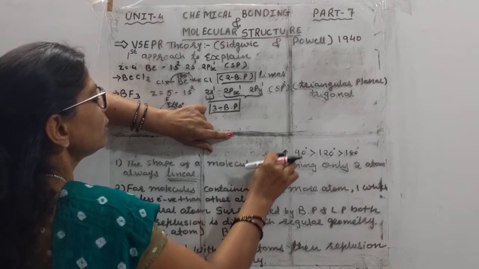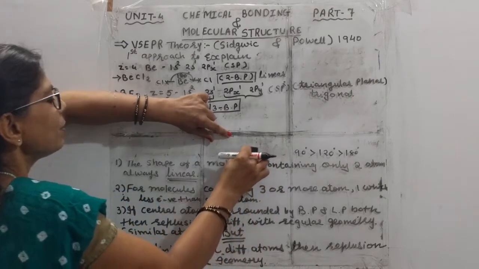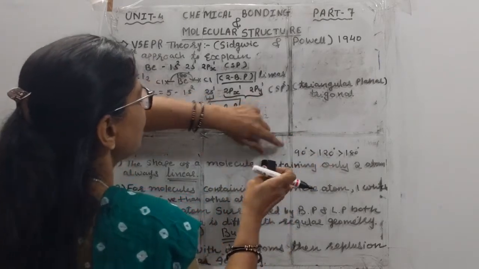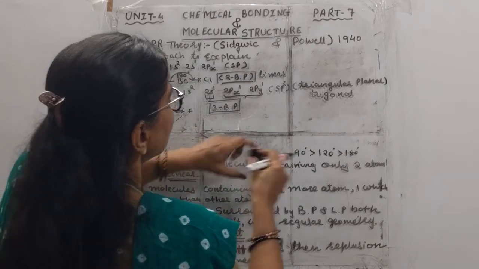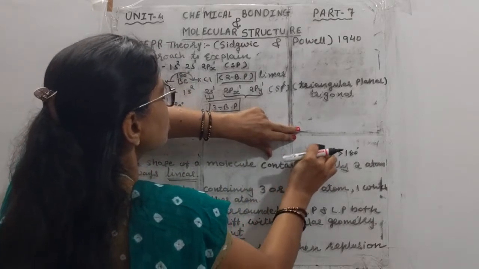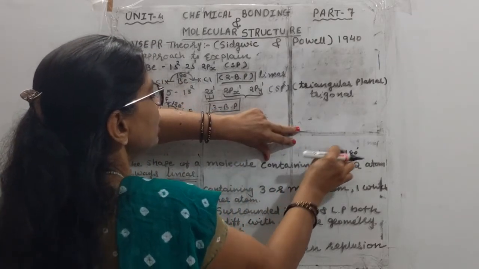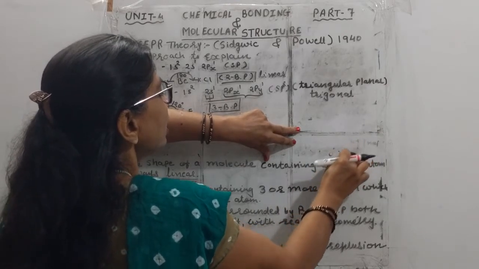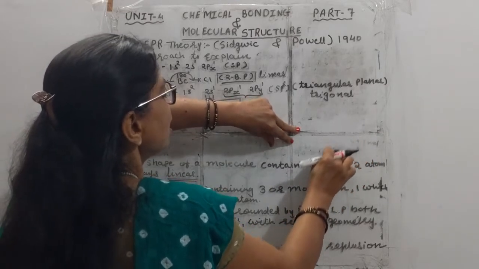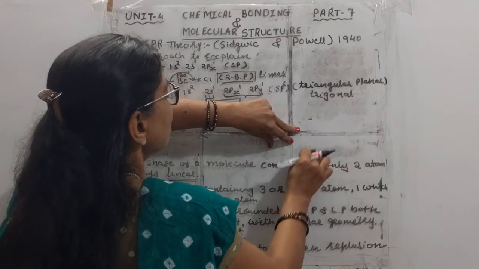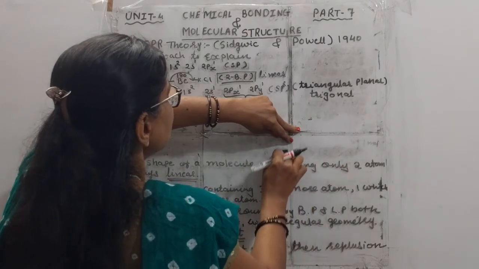Student, try to give me an example, which example should I take for this 4 bond pair? I am mentioning this because you know that 90 degrees, then 120 degrees and then 180 degrees has maximum stability.